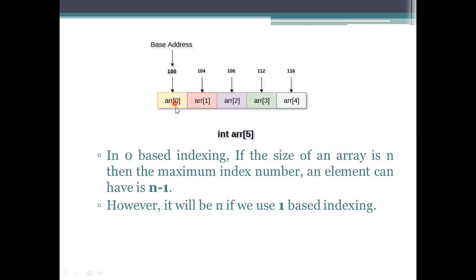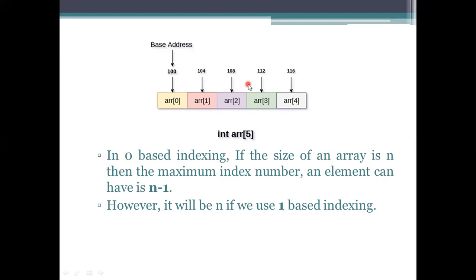So we have 5 elements, and the array indices will be 0 to n minus 1. N is equal to 5 here, so 4 will be considered. Here, this is the base address we have been using. After each and every insertion, we need to consider where it is residing or being stored.